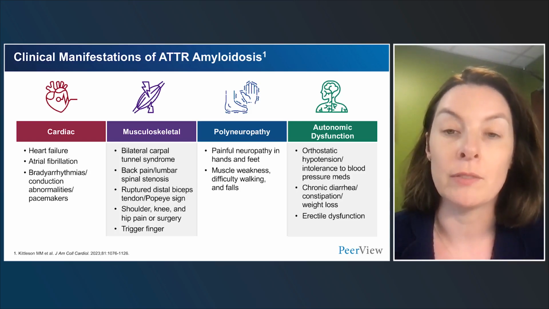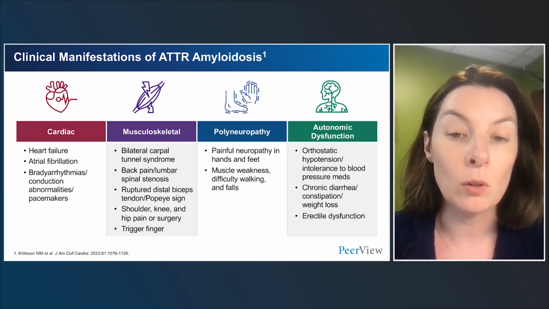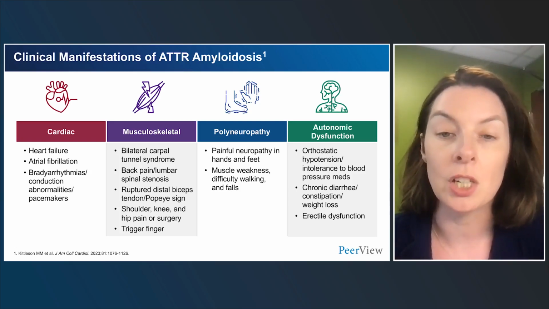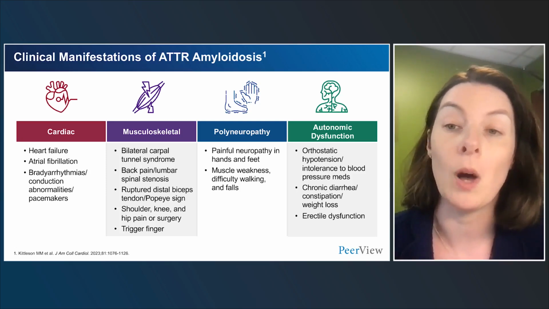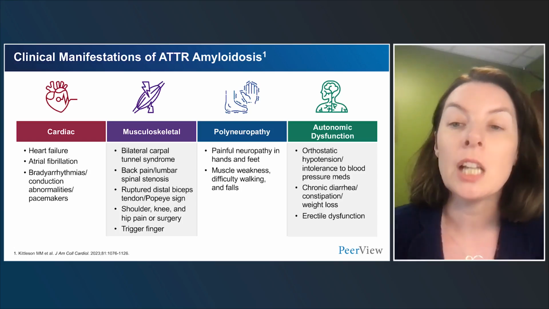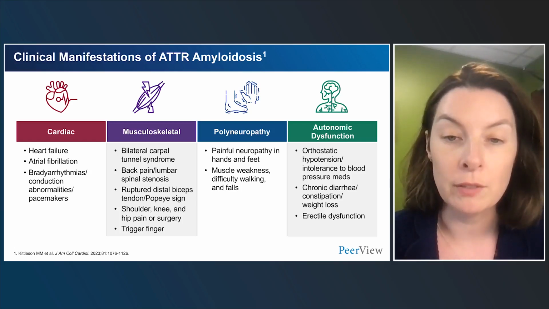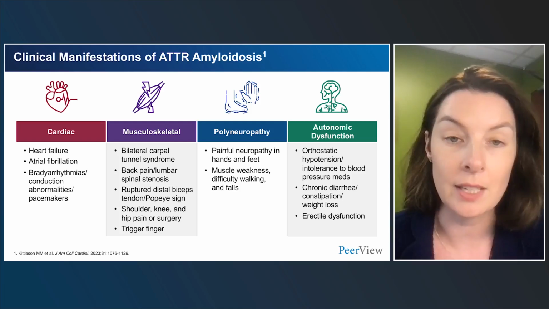Autonomic dysfunction driven by autonomic involvement in hereditary ATTR is also something to be aware of. Orthostatic hypotension, this intolerance to blood pressure medications, which we actually see in both wild type and hereditary ATTR amyloidosis. More GI symptoms are seen in the hereditary form. Chronic diarrhea, constipation, weight loss, erectile dysfunction is a very common manifestation.